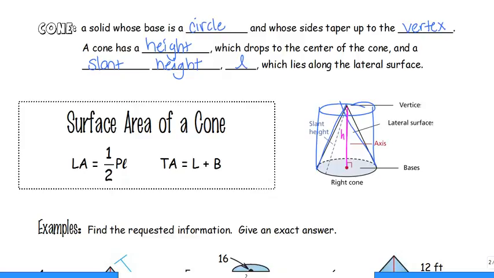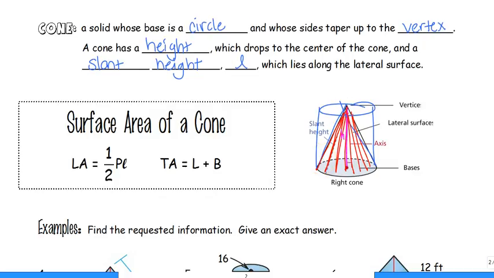It's just going to be the lateral face. Unlike our pyramid, which had flat sides, our cone is going to be the same the whole way around. All of these are the same height coming from the vertex down. So any slant height on that outside is the same.